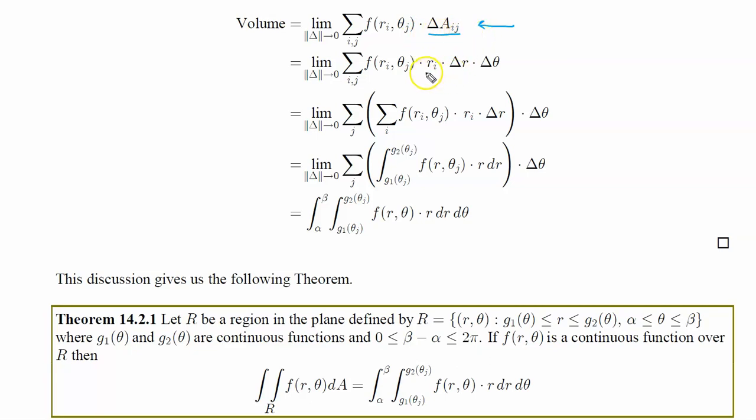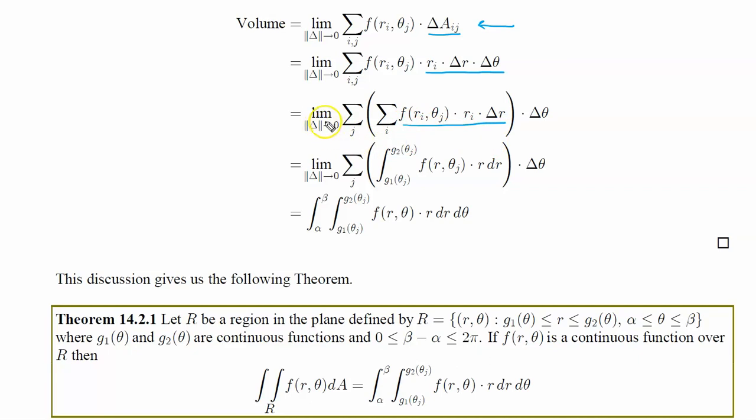Now that gets replaced with this. And let's write this as a double sum. Let's break this summation up as a double sum right here. So we sum over the i's first and then the j's. So the i's index over the r's. So right here we have that.